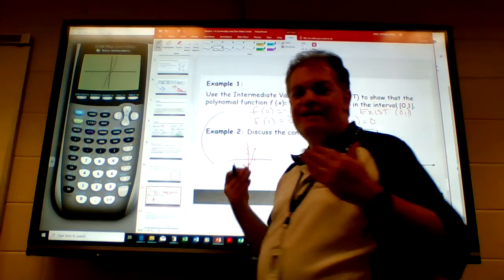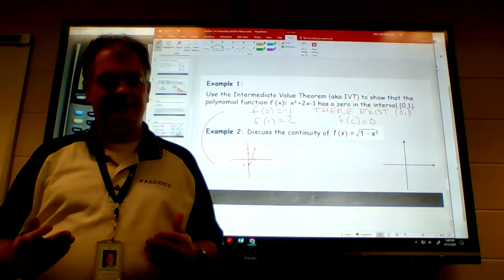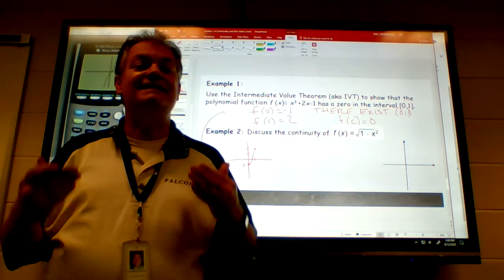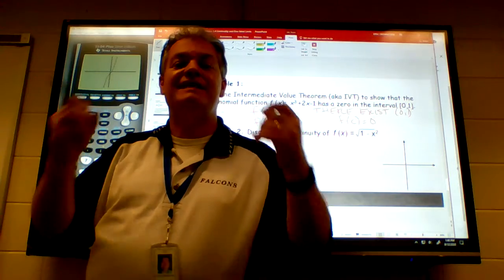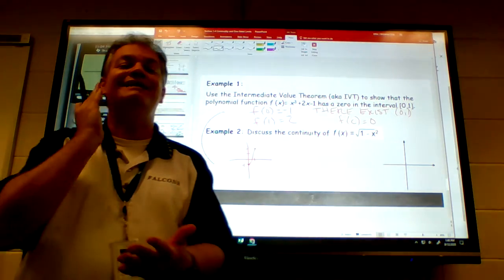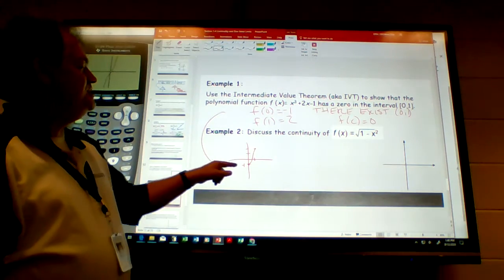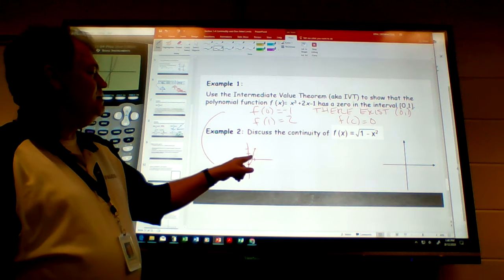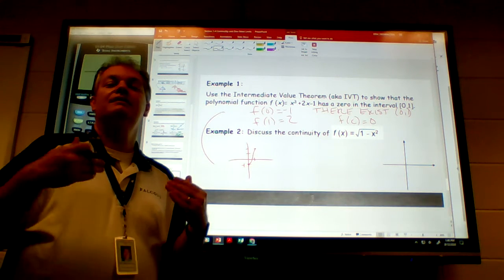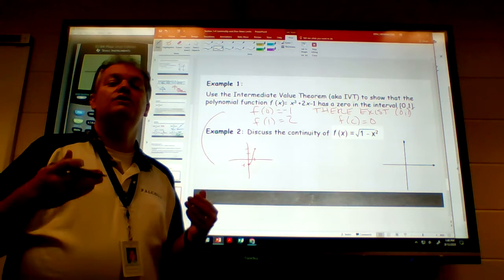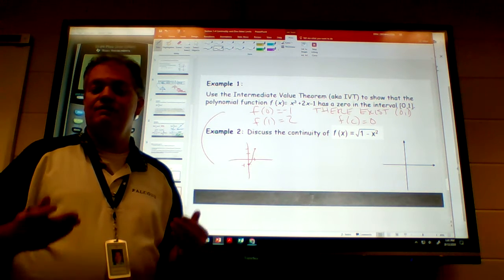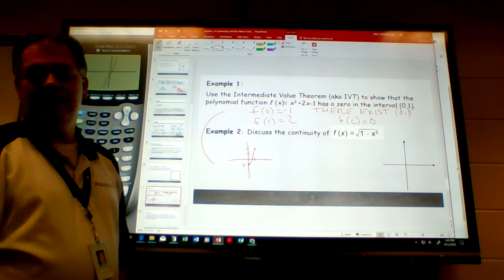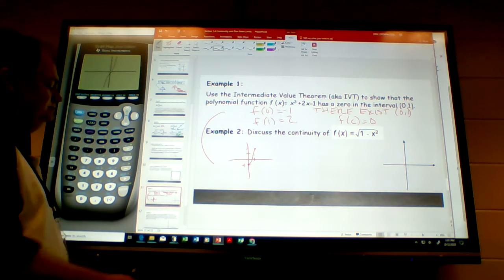It's not stating what c is. We don't know what c is. It's just saying that there exists a value somewhere between 0 and 1 where the curve crosses the x-axis and has a 0 value.